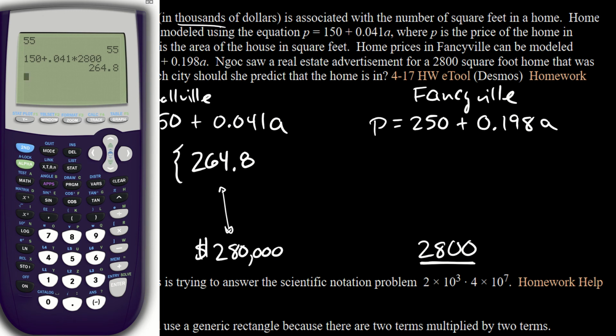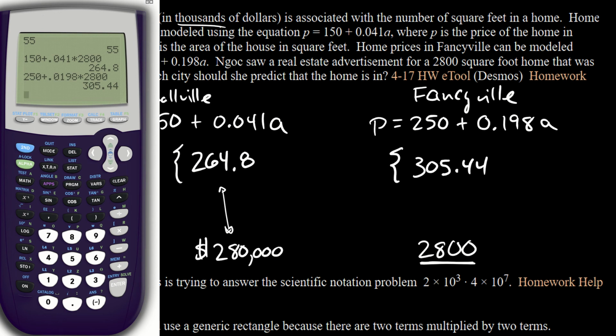Let's see what Fancyville's looking like. So for Fancyville, I'm going to have 250,000 plus 0.0198 times 2,800. And that's going to, ooh, really? 305.44.